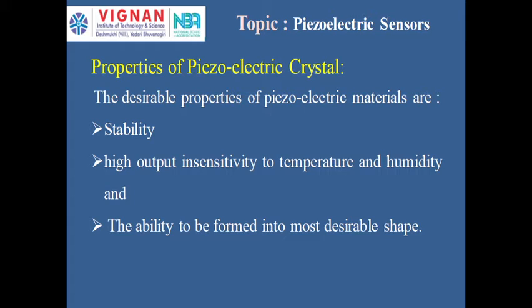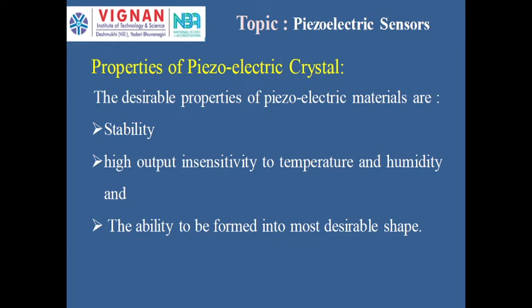So what should be the properties of the piezoelectric crystal? It must have stability, and it must have high output and insensitivity to temperature and humidity. That means even though the temperature of the surroundings changes, the output voltage must not change.